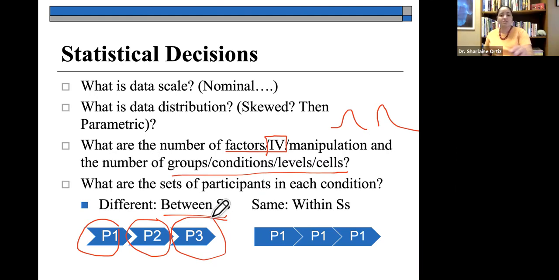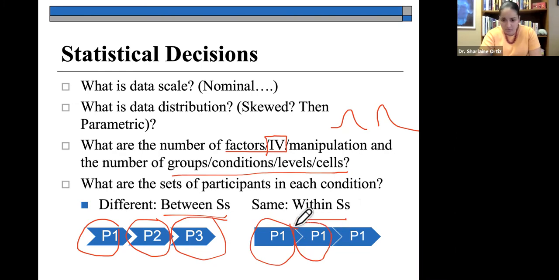Whereas here in the within subjects, the same participant, participant 1, was involved in all those levels. Participant 1 was involved in the second level, and again in that third level. So notice that here, different participants get different levels; there, the same participant is in all levels involved in the study.